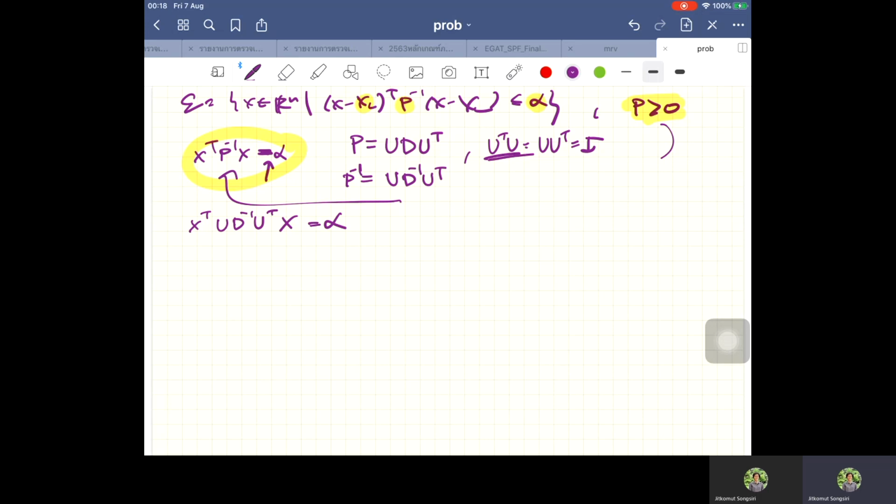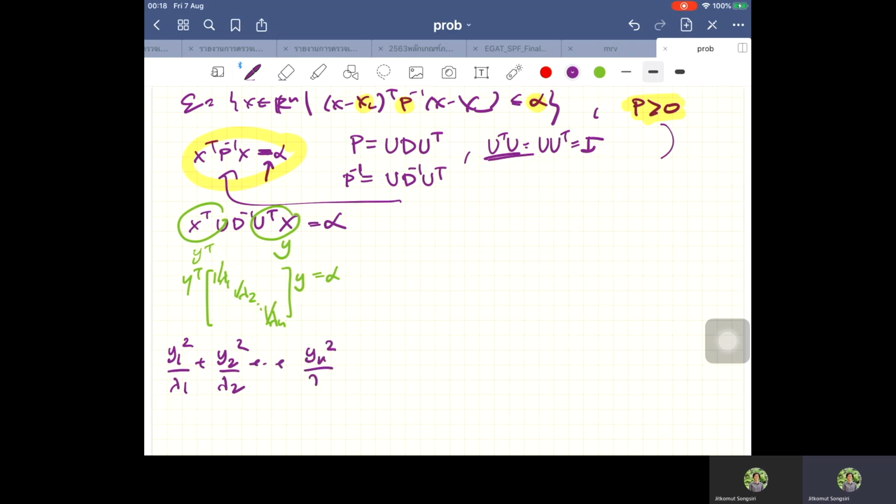Now let's see this equation. How about if we take a look at this as a new vector y? Of course, you're going to have y transpose D inverse y. And if you just expand the quadratic term, you will see that it is actually y1 square over lambda 1 plus y2 square over lambda 2 dot dot dot yn square over lambda n equals alpha.